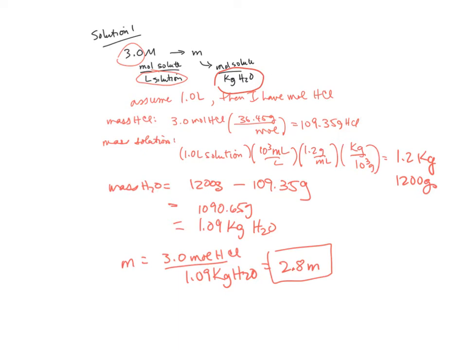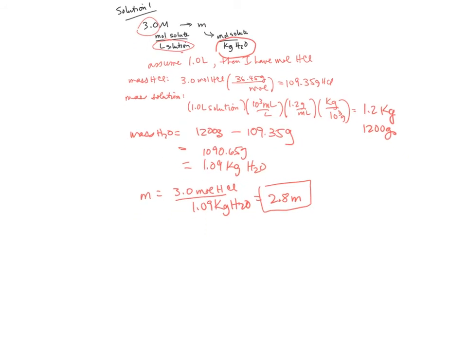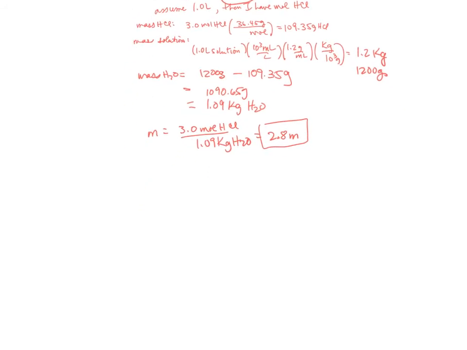And you know, the solution is dilute, so it's like water itself. Okay, so that's the first one, and we're still working on solution 1. Now we're going to take our 3 molar solution again and go to mass percent instead.